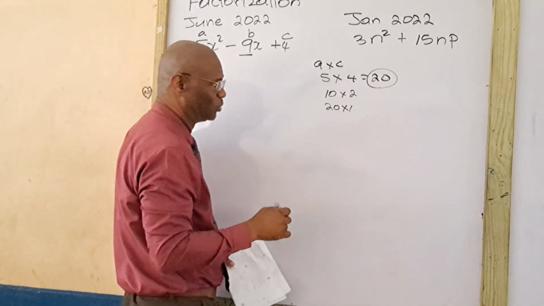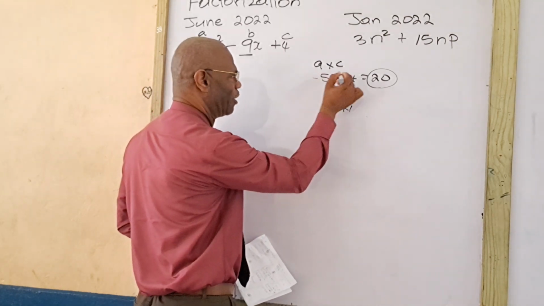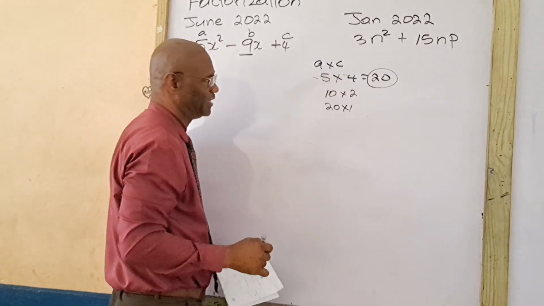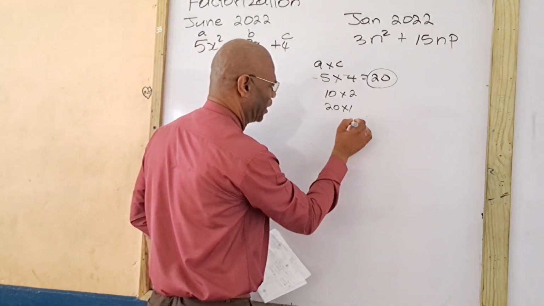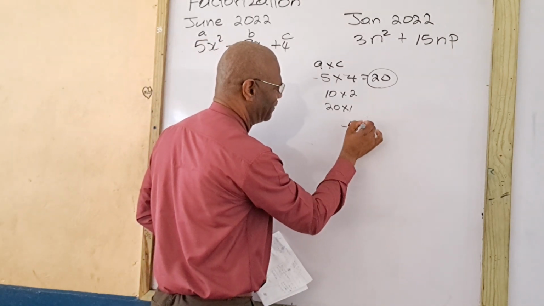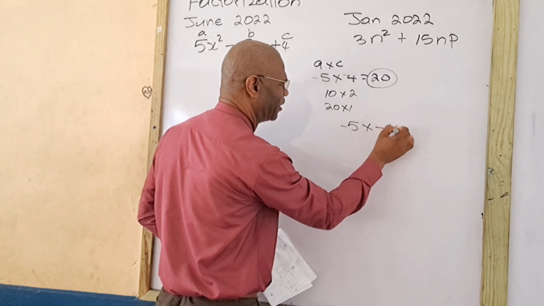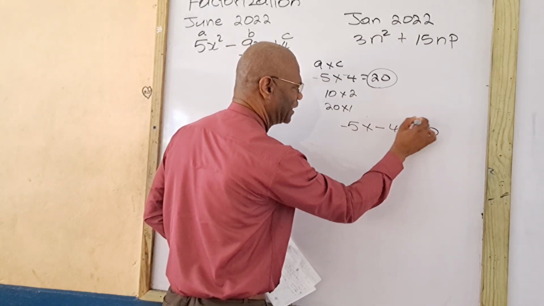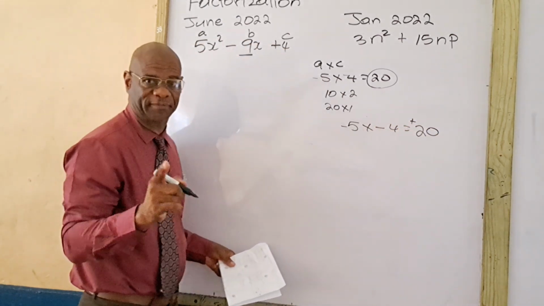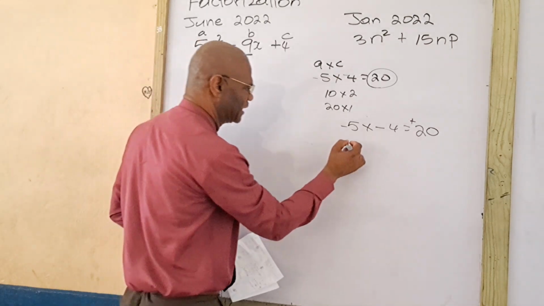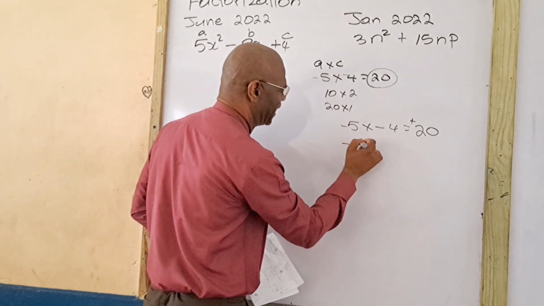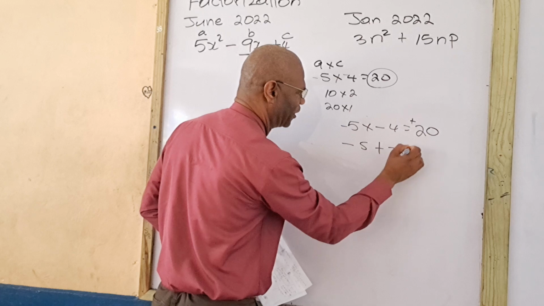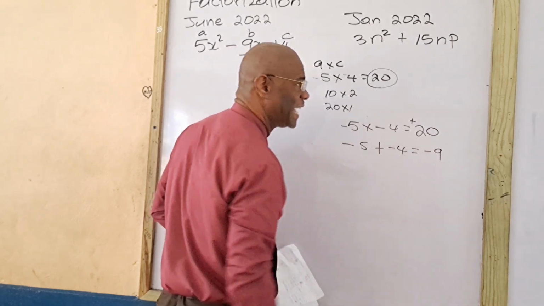Now, what we have to do then is make these numbers negative. Right? So now we know that negative 5 times negative 4 is a positive 20. Alright? And then we know that a negative 5 plus negative 4 equals negative 9.